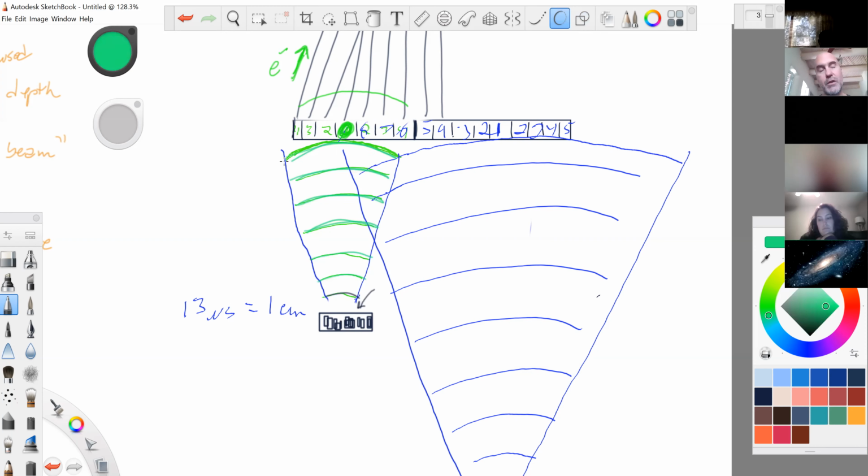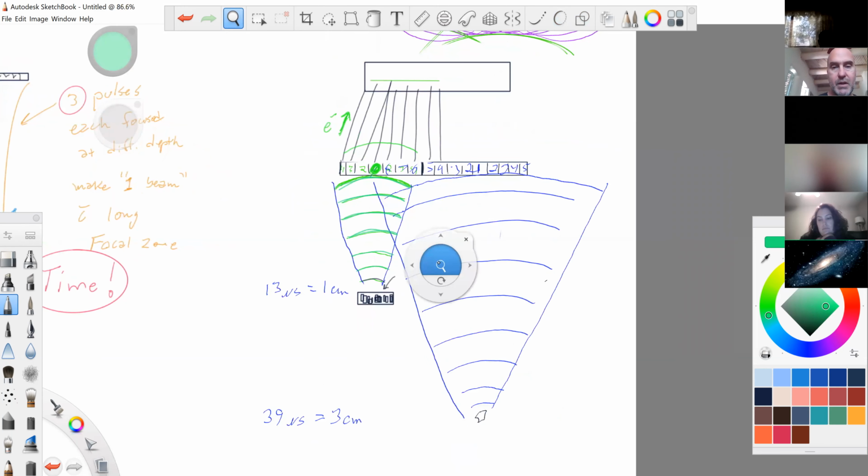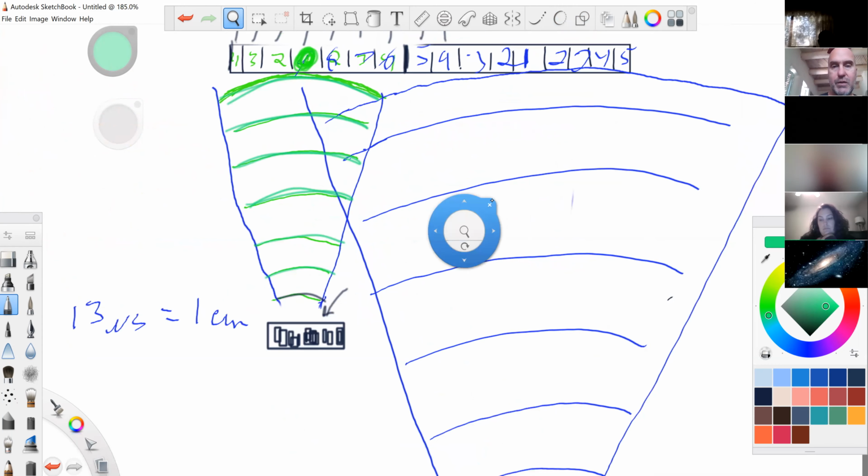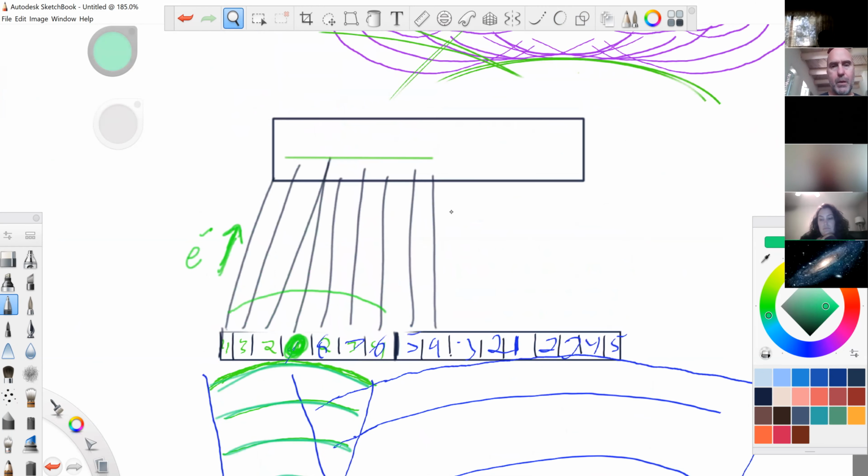And so what the transducer initially sees, what it thinks it's seeing, is some kind of curved surface. But it's not curved. That's just how the sound travels, how it moves away. And so what happens in here, well, I forgot what this is actually called, but we'll call this the dynamic receive focus machine.